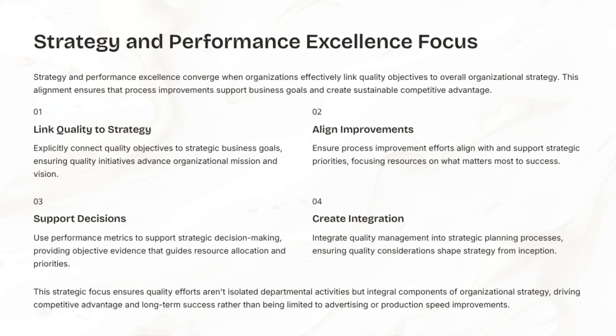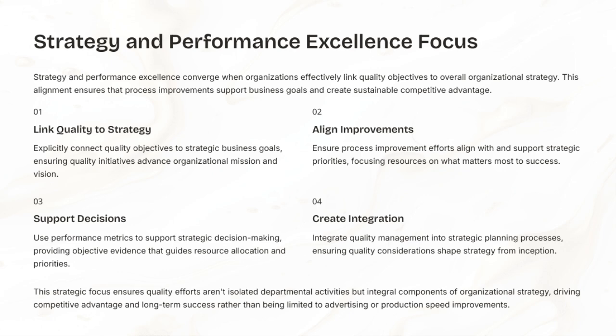Furthermore, we need to ensure that our process improvement efforts are aligned with our strategic priorities. This way, we focus our resources on areas that will most impact our success and help us achieve our long-term objectives.